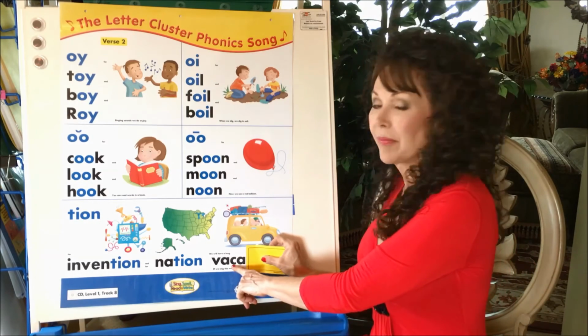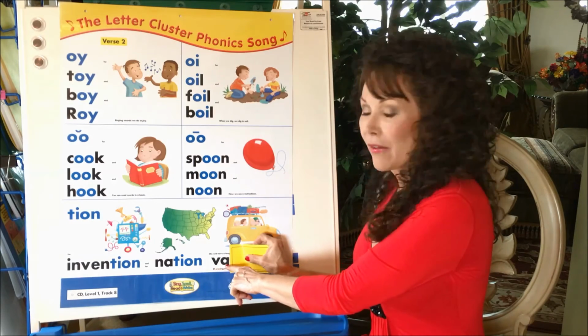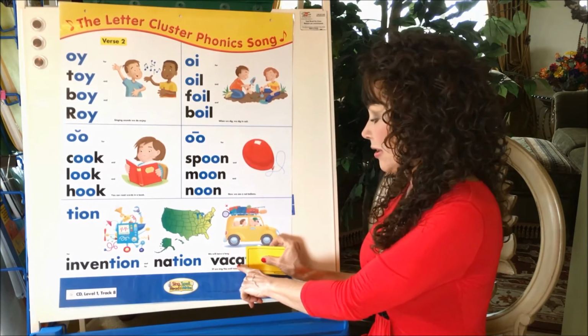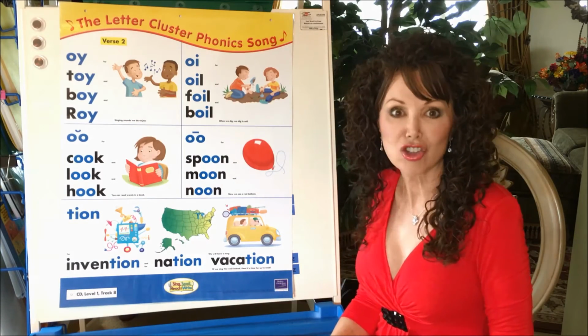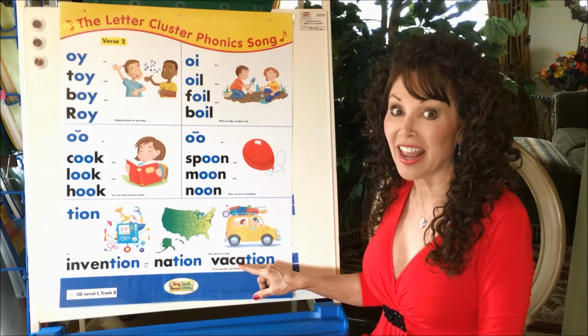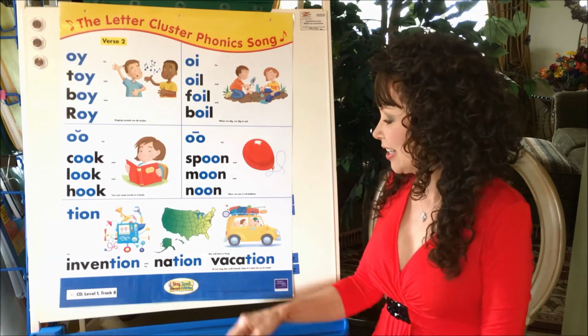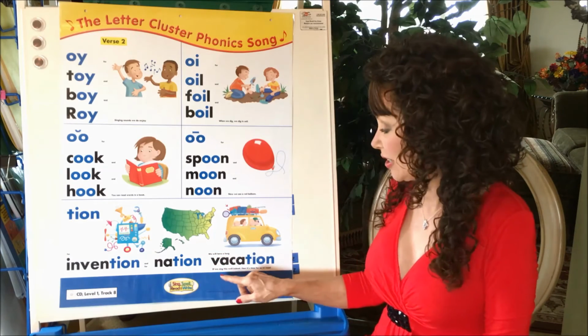So this will say kay. Good. So we have vay, kay, and then TION. Shun. Good. Let's say the whole thing fast. Vacation. Excellent. We will have a long vacation.